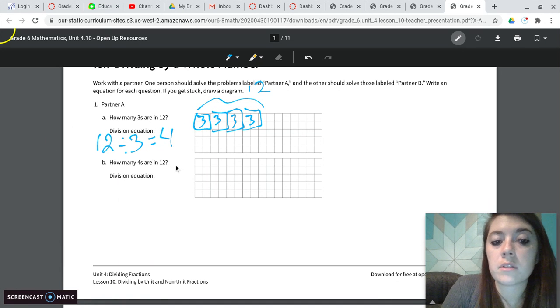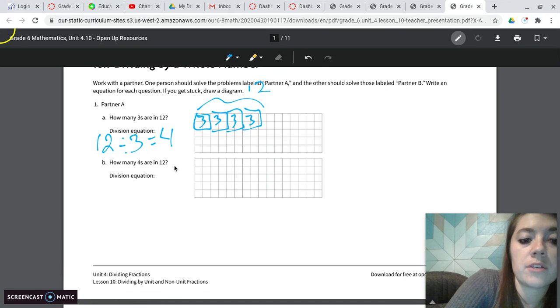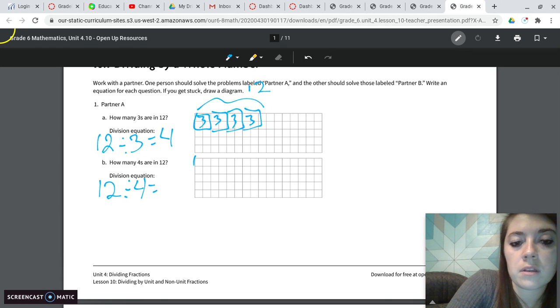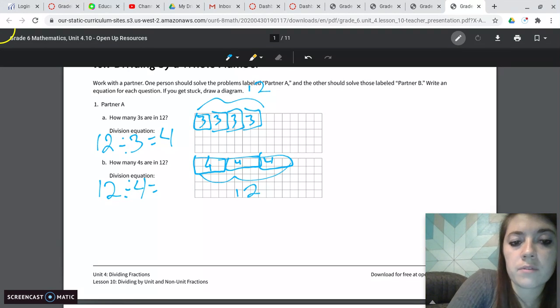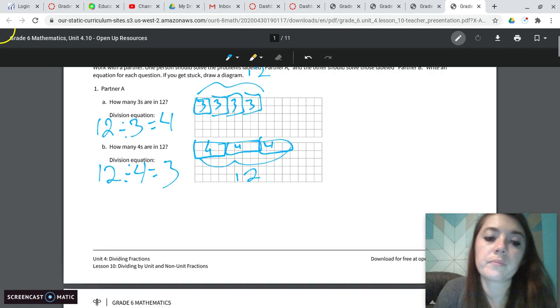How many 4's are in 12? So our division equation should be 12 divided by 4 equals 1, 2, 3, 4. So we got 4, 4, and 4 to get 12, so it's 3.